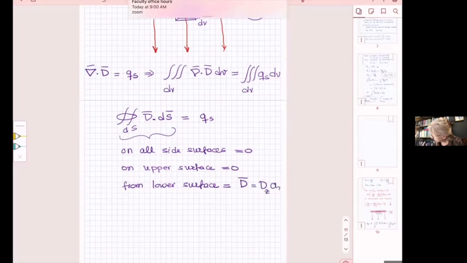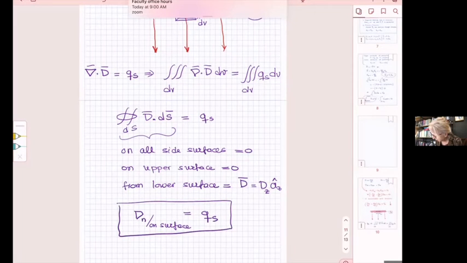D sub Z, a sub Z. So practically what I found from this integral is that D at this point on the surface, so D sub n on the surface of the conductor, equals Q sub S. This is a very important relationship.